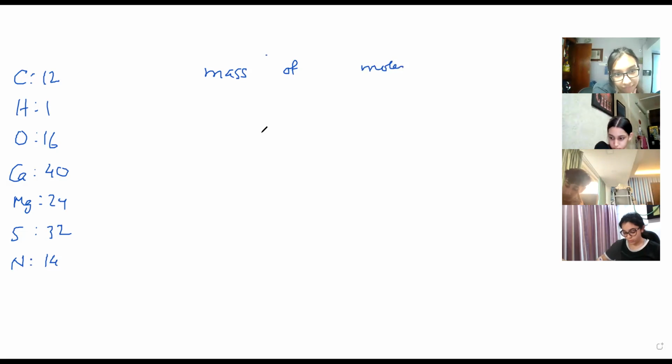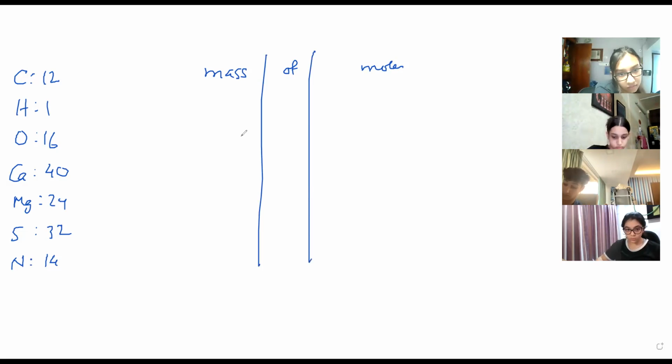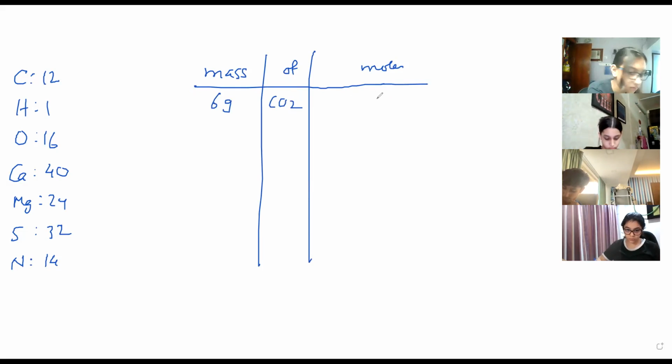I'll give you either the mass value or the moles value. If the mass value is given, you find the moles value. If the moles value is given, you find the mass value, of the substance that I will tell you here. Moles is not given, so you'll of course find the moles.